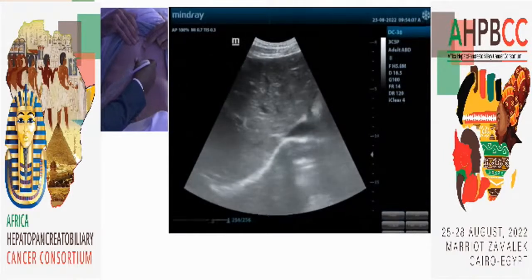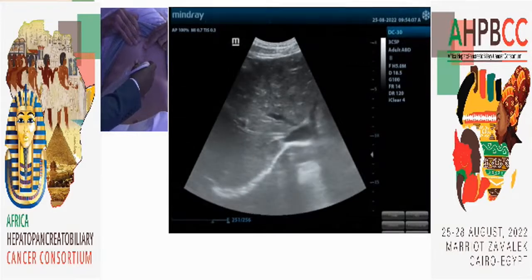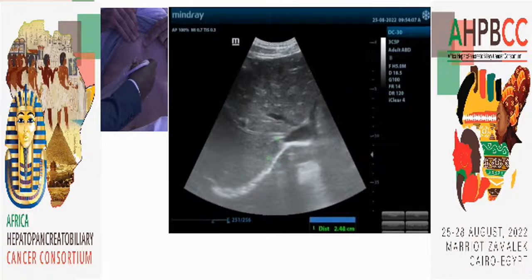I haven't checked the entire liver yet, but I can see one focal lesion here, which I would measure from here to here. So I'm getting something around 2.5 by 1.8 cm in segment 7.